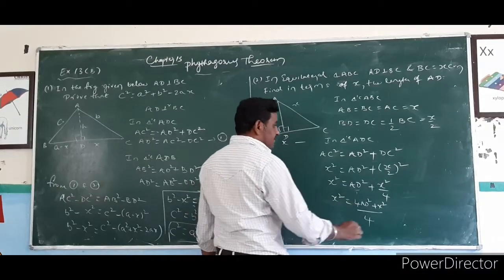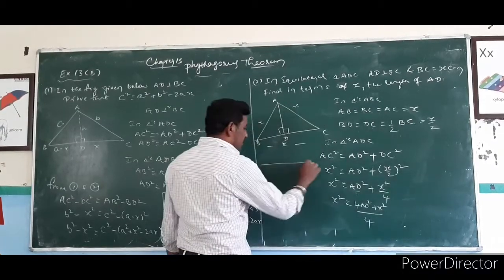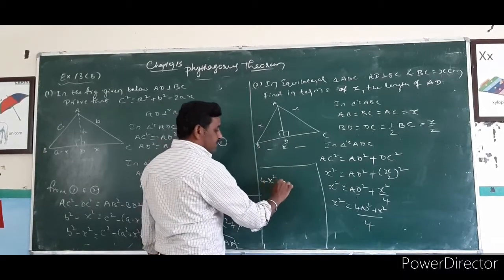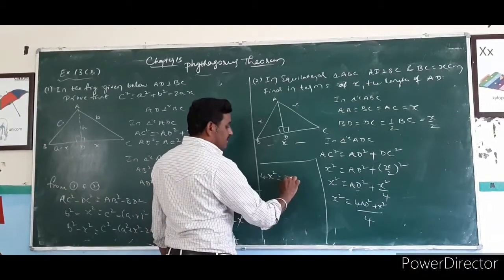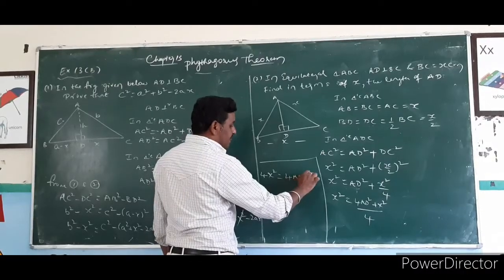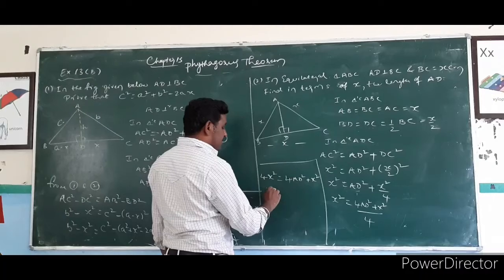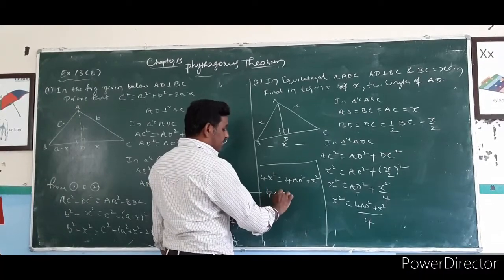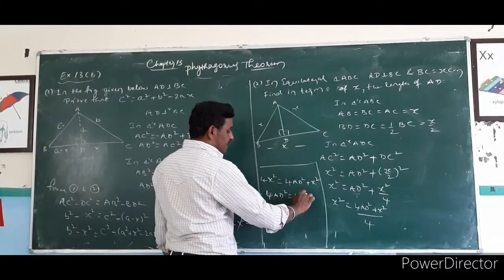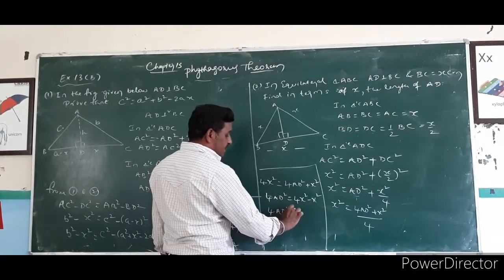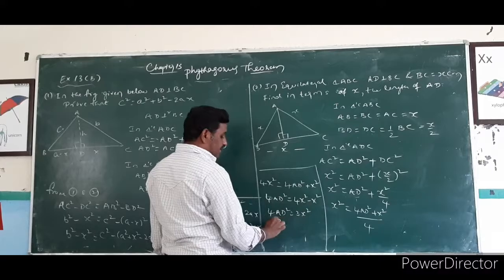Shift x square to this side: 4 AD square is equal to 4x square minus x square, so 4 AD square is equal to 3x square.